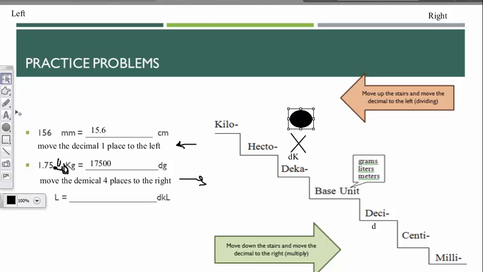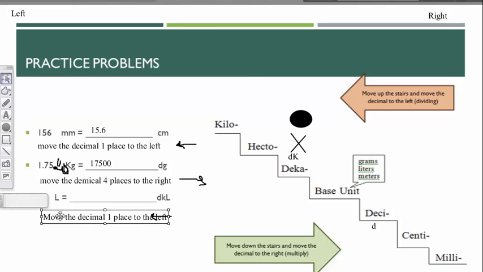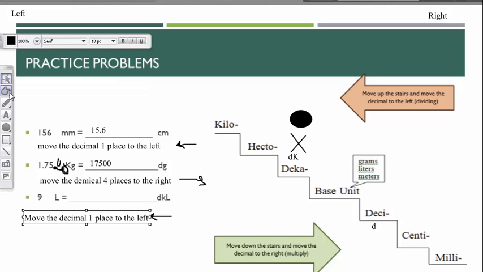So I moved one place, and I went up the stairs, which means I went to the left. So I'm gonna put my arrow right there, and I'm gonna write, move the decimal one place to the left. That easy.